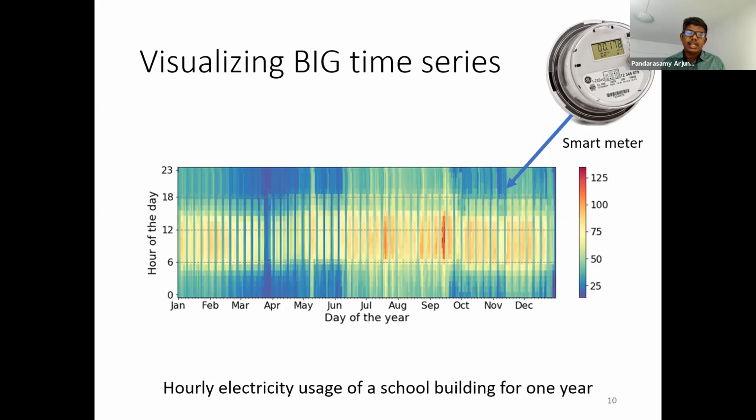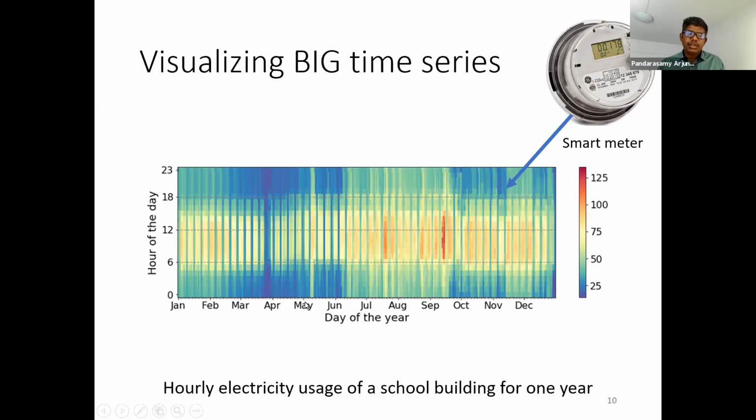Instead of plotting every data point in a line, I'm plotting them as a heat map. On the x-axis you see the day. Each day contains one vertical line, and in that vertical line you have small tiles, and the color corresponding to that tile tells us the value. And the y-axis is the hour of the day.